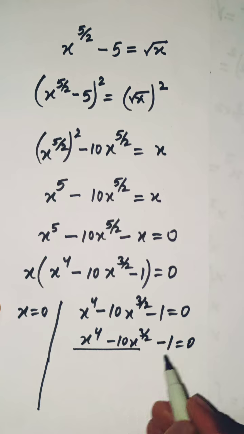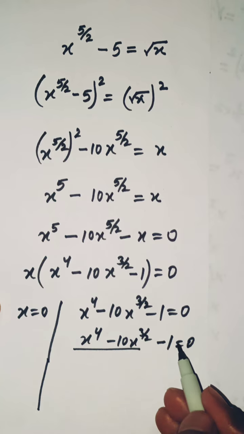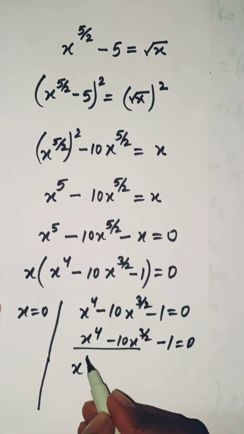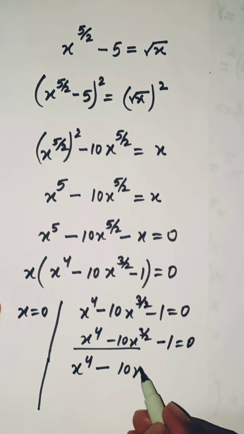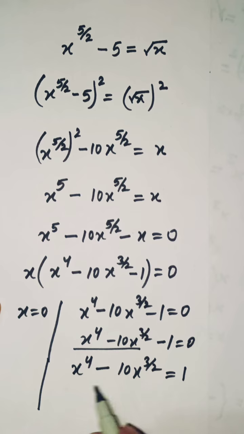Both should be equal to 1, so I can have this value for a real value. This equation will be true. So if x to the power 4 minus 10 x to the power 3/2 should be equal to 1, how can we do here?